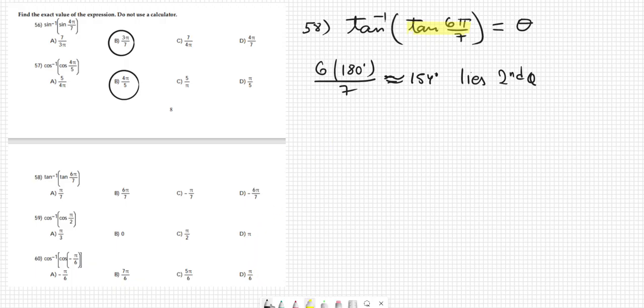Therefore, when you apply tangent inverse, the answer is in the fourth quadrant, because of the principal range of the tangent inverse. If the value is positive, the angle lies in the first quadrant.